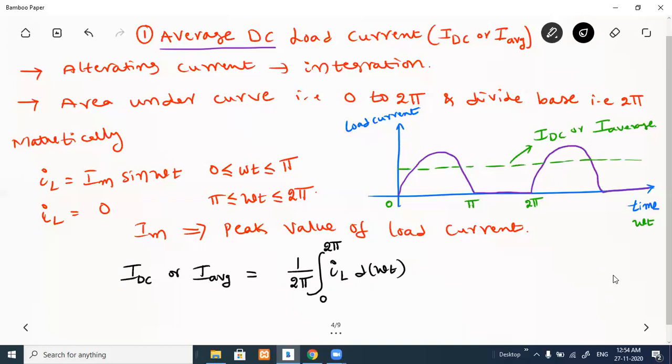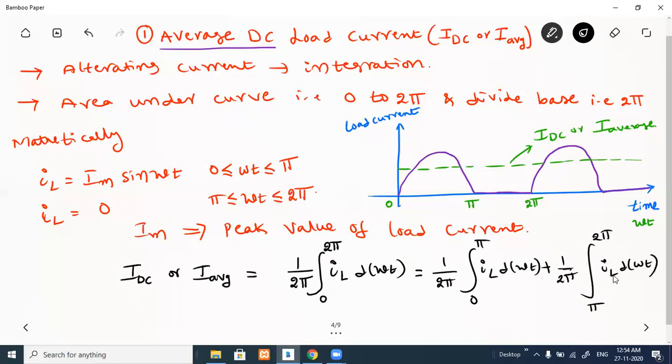We can represent this as 1 by 2 pi integral 0 to pi IL d omega t plus 1 by 2 pi integral pi to 2 pi IL d omega t.